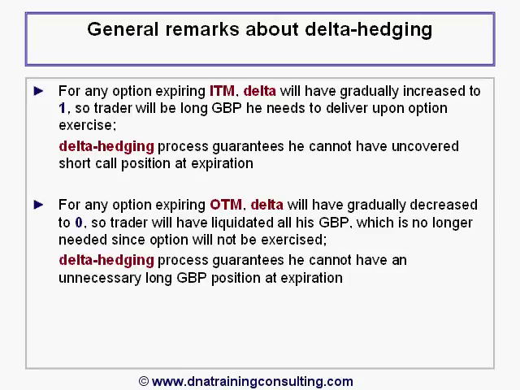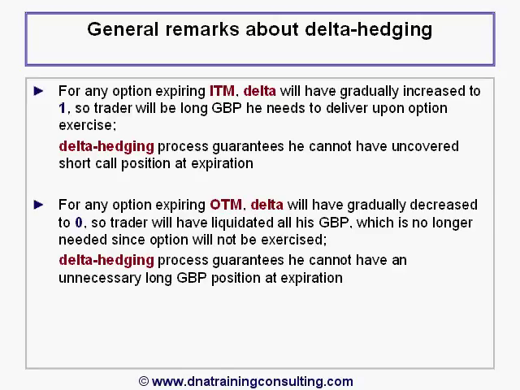Once again, if he followed the delta hedging process meticulously, i.e. very precisely, he has no risk of having an unnecessary long sterling position at expiration. Although once again, sudden swings in the spot right before maturity could still cause him some pain, as we will show later.